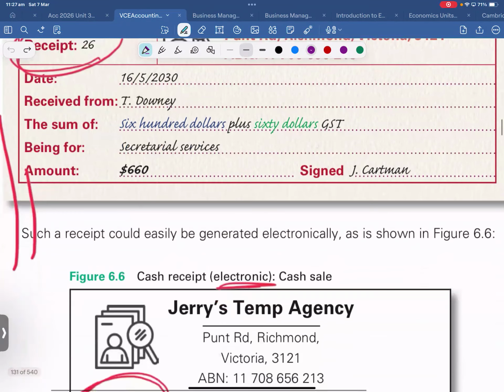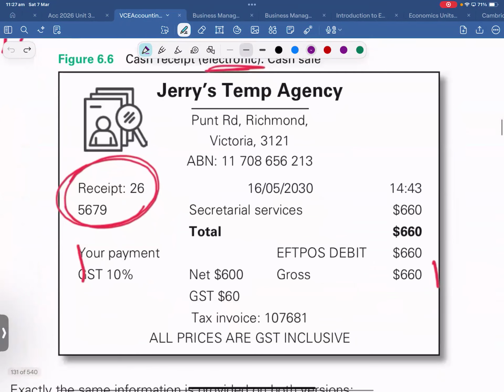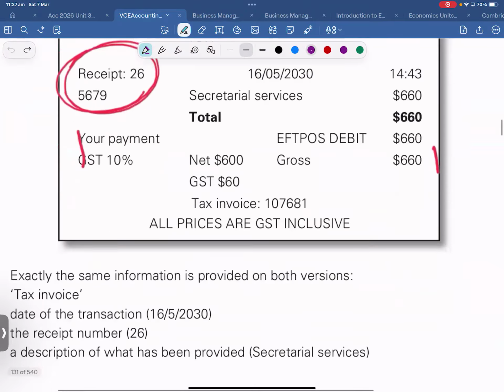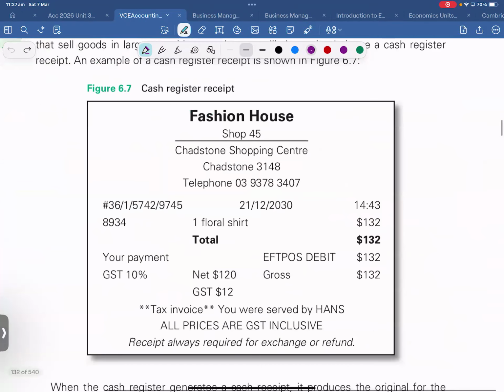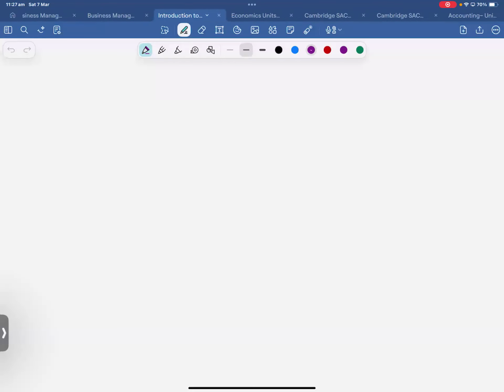See, this is another one. Okay. So then we'll keep going.